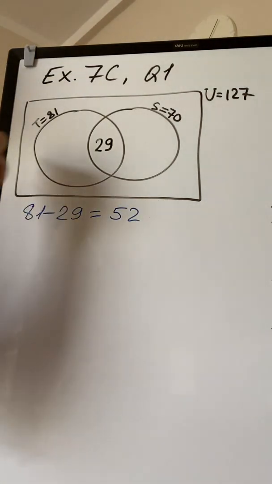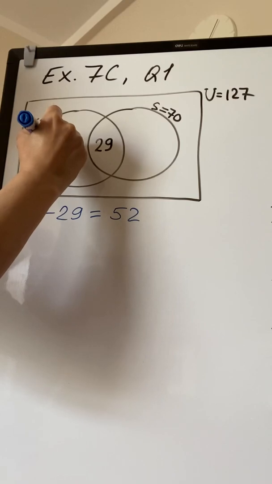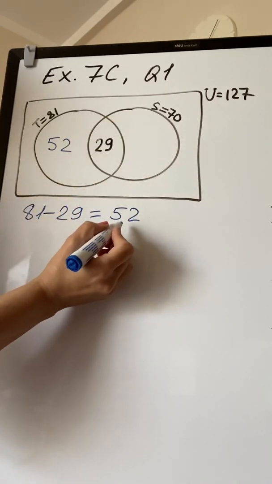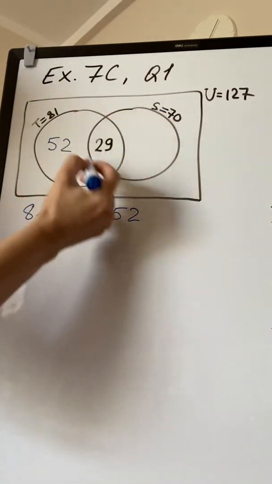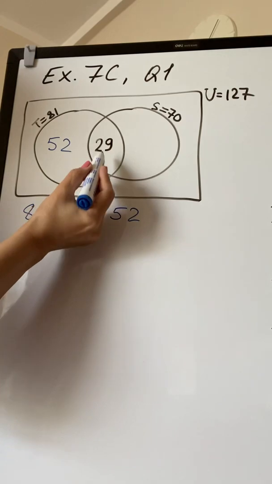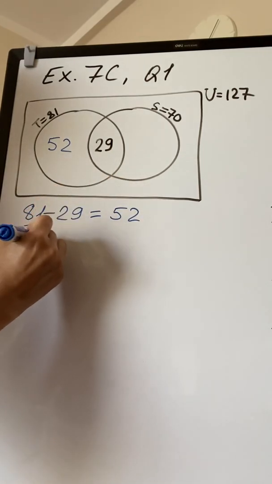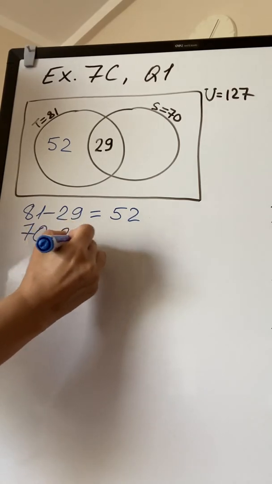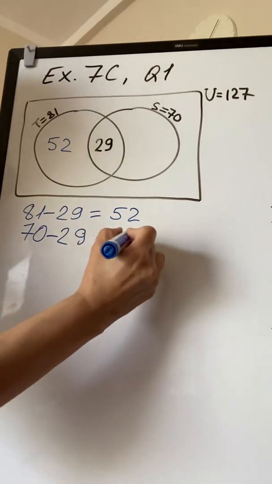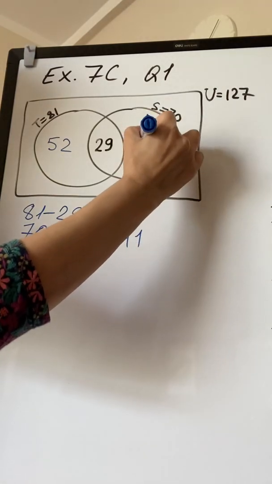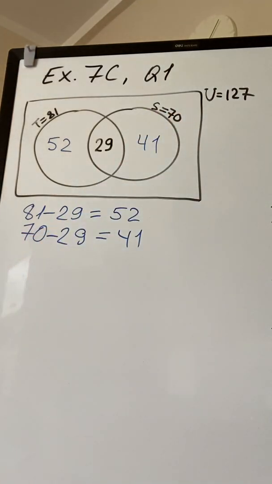Okay, so I'm going to write it here. Same here for smartphones. If the total for smartphone users is 70 people, some of them use both, 29, and it will be 70 minus 29, and that's 41. And I'm going to record it here, 41.